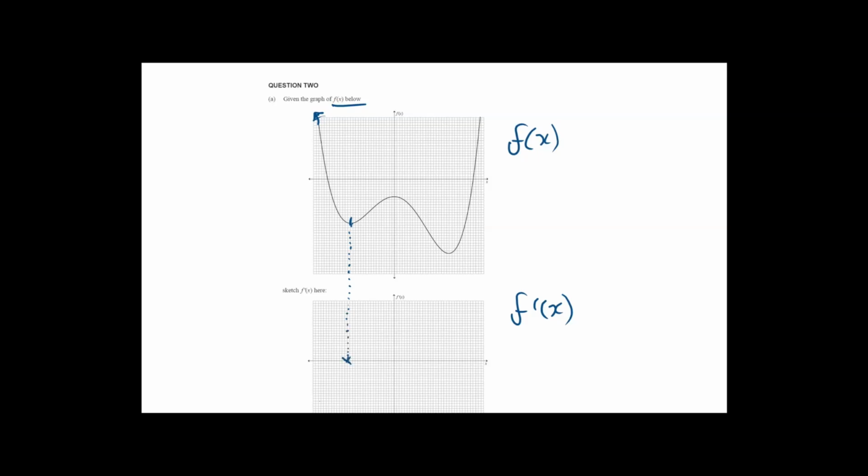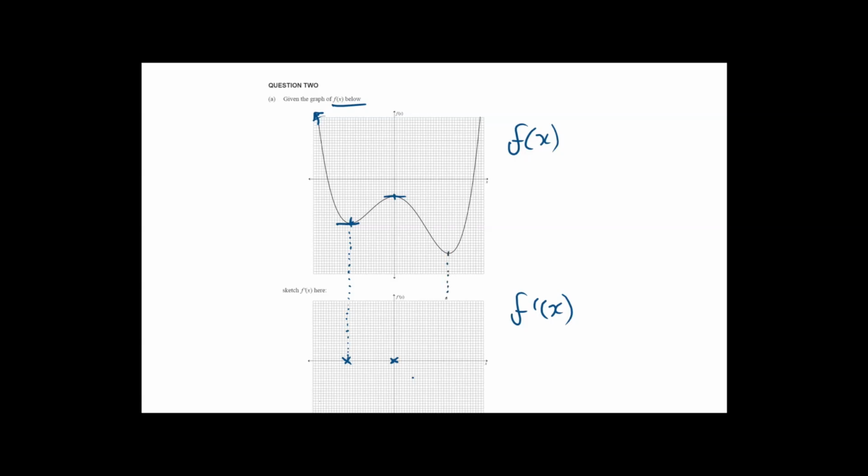So it's going to cross the x-axis there. And then it's going to be above, positively sloped between here and here, and then at 0, it becomes flat again. So the slope is 0. And then it's going to be negatively sloped from here to here.